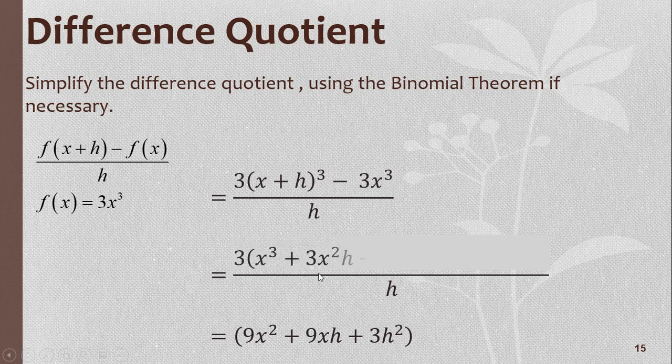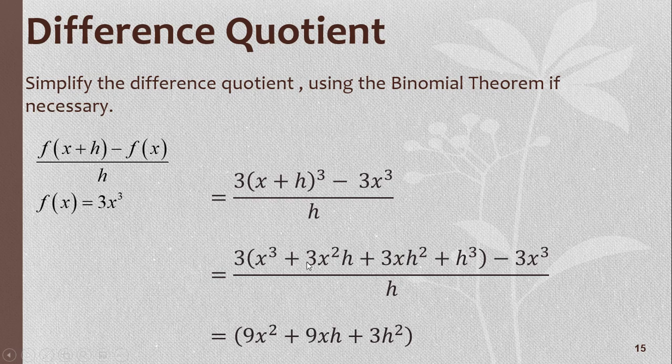Well, if I expand this out, I've got x cubed plus 3x squared h plus 3x h squared plus h cubed. So there's our binomial expansion for something to the 3rd power minus x cubed. So the x cubes cancel out.